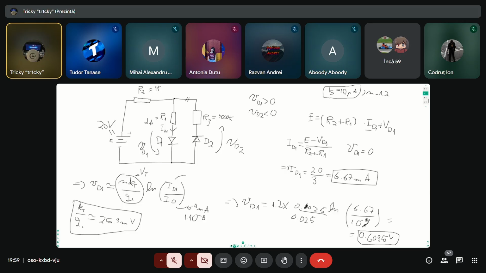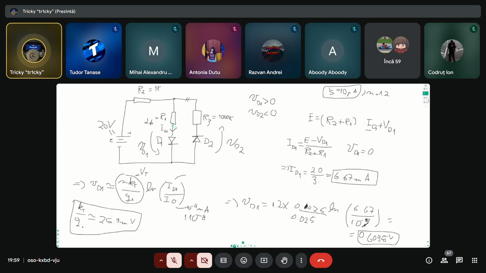Because we just have to calculate it so we can prove that the diode is off. So we can see if its value is actually smaller than 0 or not. So that is what we are gonna do, and we're gonna take this Kirchhoff over here.